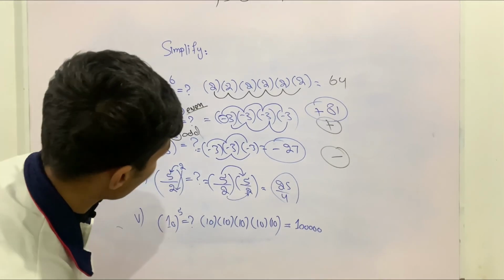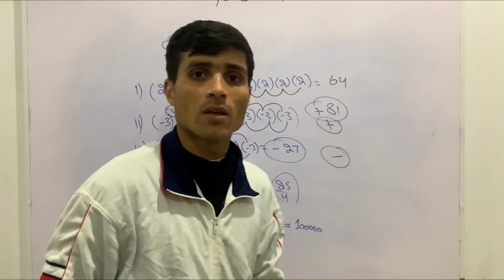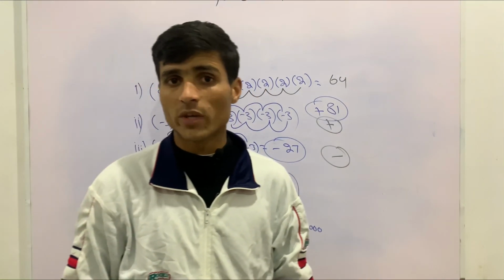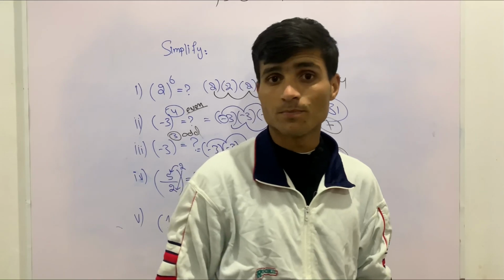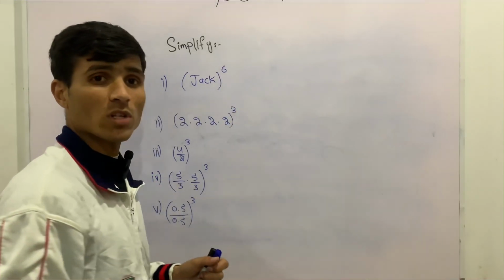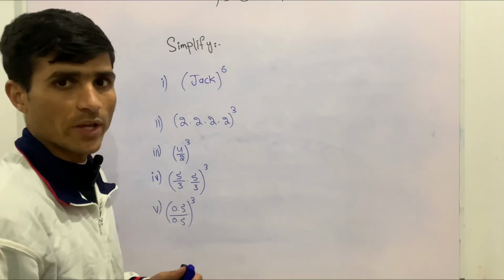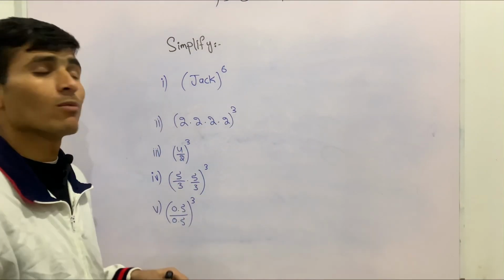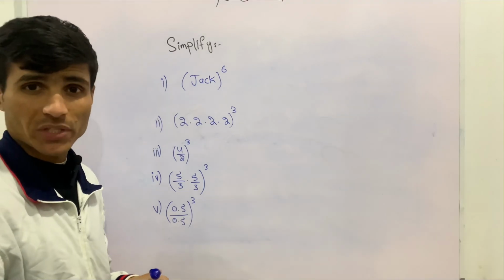Now I'm going to give you some homework. You will check them out and try them on your own, whether you can or can't. So this is homework for you. Simplify the following. The first example, Jack to the 6th. How do you simplify it? Jack is the name of a person.